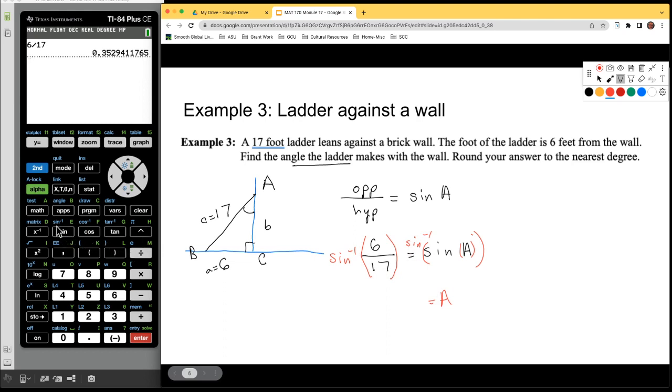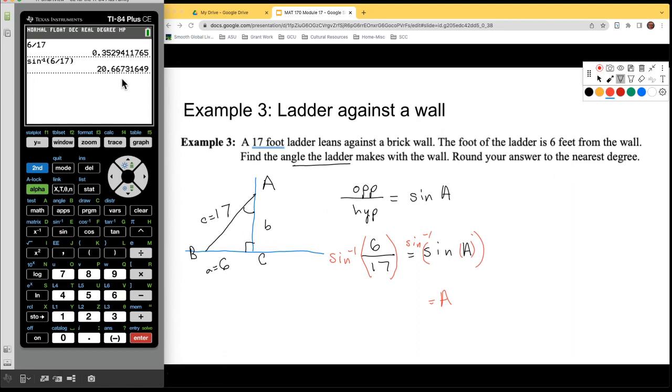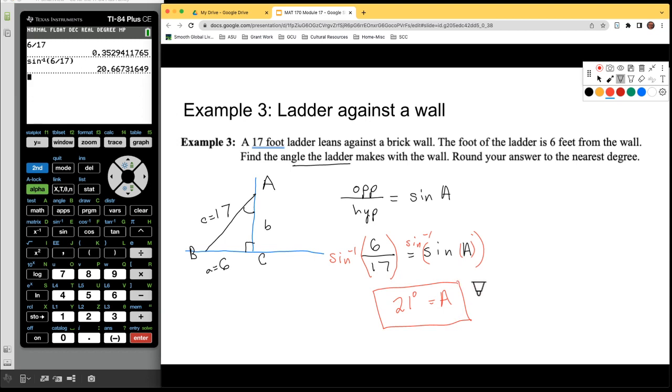To get the inverse sine, we do a second sine. Notice it's sine inverse. We could just do 6 divided by 17, rather than plugging in the decimal equivalent. This will give us as accurate as we need to be, and to the nearest degree, that's 21, right? Because a 6 gets the 2 to go up, so we would round that to 21 degrees. That's the angle it's making with the wall.